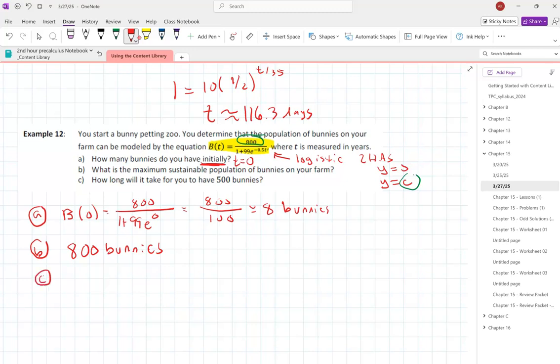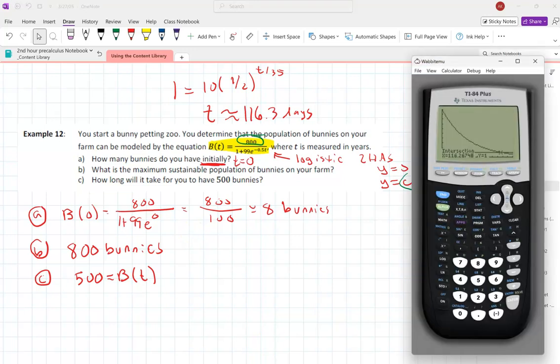And then it asks, how long will it take to have 500 bunnies? Well, I just need to solve b of t equal to 500. Calculator time it is. So I'm going to use the fraction command. We have 800 divided by 1 plus 99 e to the negative 0.5x and then 500.